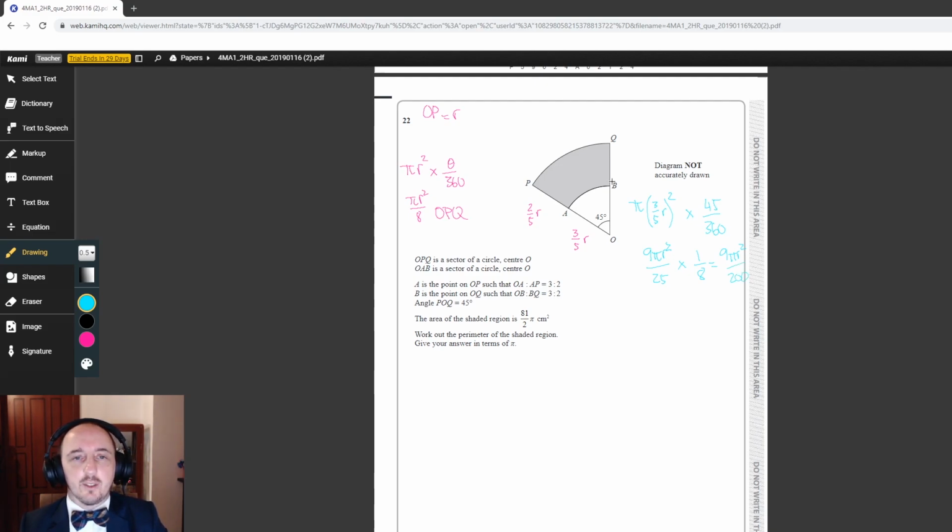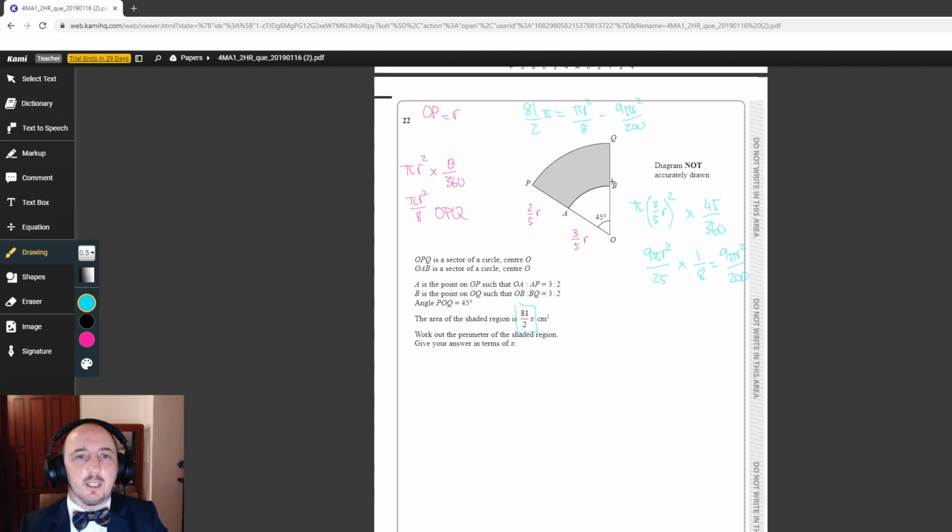So we have the two areas here. If we subtract them, that will give us the area of the shaded region. So 81 over 2 pi is equal to the larger one, pi r squared over 8, minus the smaller one, 9 pi r squared over 200.